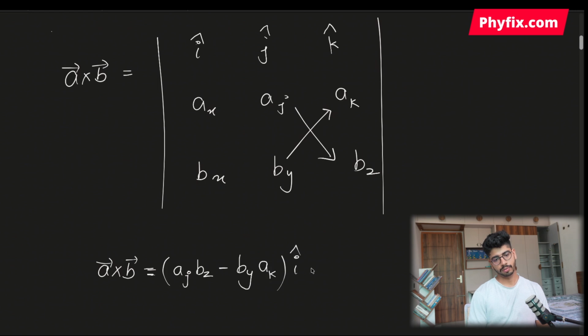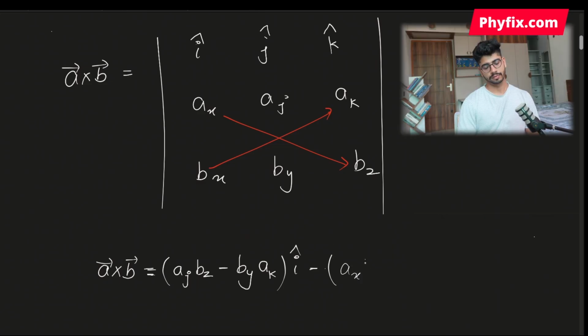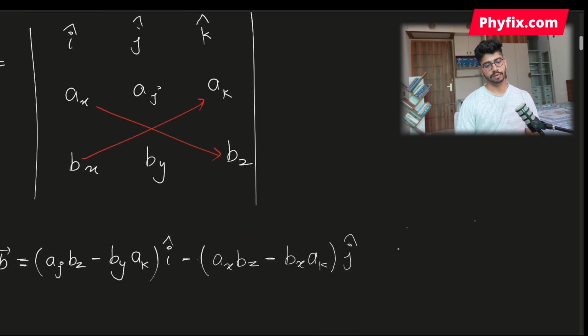This is the I component minus, you have to multiply these two now, minus this one. This is the J component.